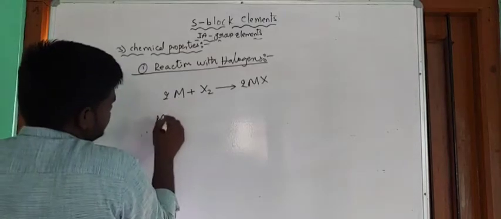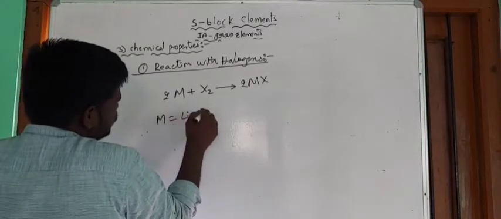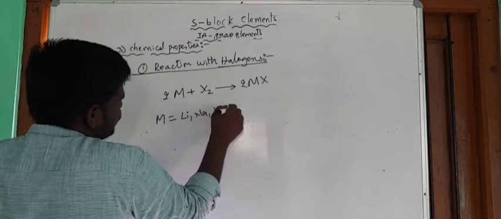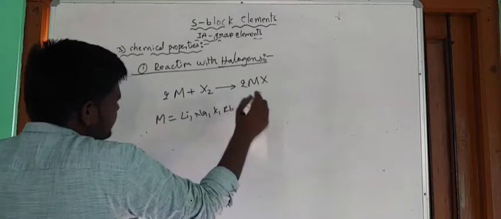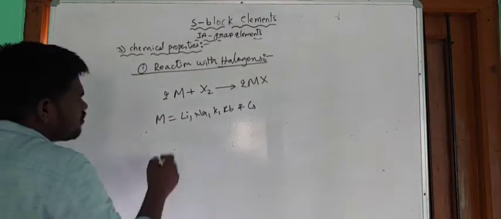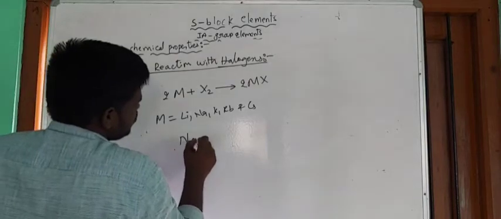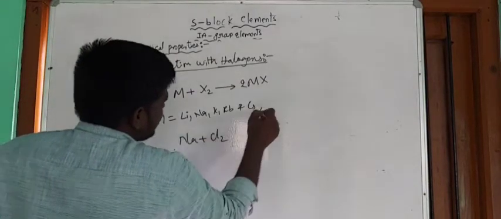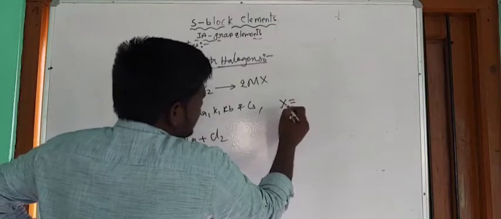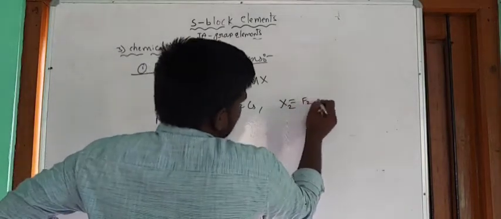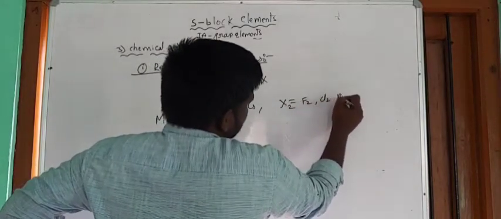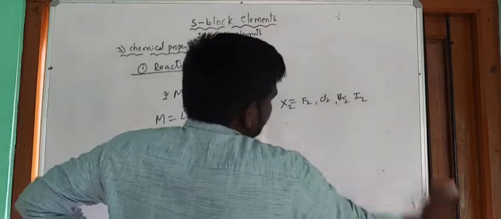Here M means lithium, sodium, potassium, rubidium and cesium. For example, when you take sodium, and one more thing guys, here X2 means F2, Cl2, Br2 and I2.